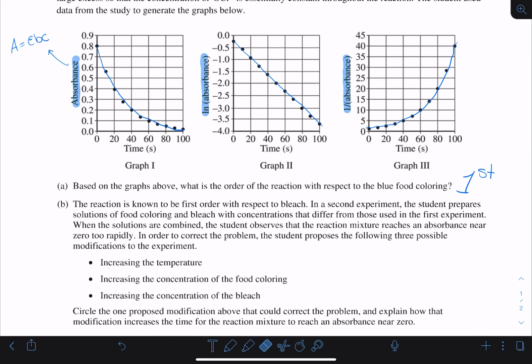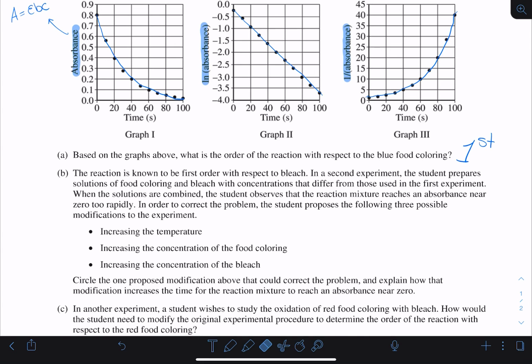The next part here says the reaction is known to be first order with respect to bleach. In a second experiment, the student prepares solutions of food coloring and bleach with concentrations that differ from those used in the first experiment. When the solutions are combined, the student observes that the reaction mixture reaches an absorbance near 0 too rapidly. In order to correct the problem, the student proposes the following 3 possible modifications: increasing temperature, increasing concentration of food coloring, increasing concentration of bleach.